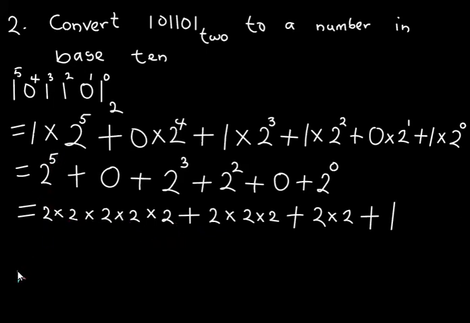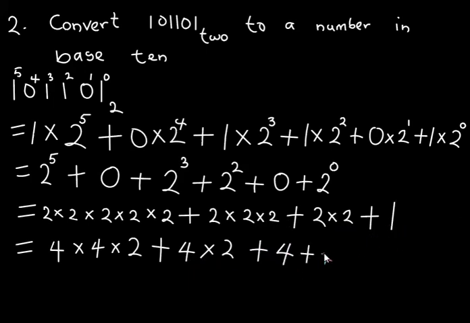So that we have here, 2 multiplied by 2 is what? 4. 2 multiplied by 2 is what? 4. Then times this 2 here, then plus times 2, then plus 2 multiplied by 2 is what? 4, then times 2, then plus 2 times 2 is what? 4, then plus what?